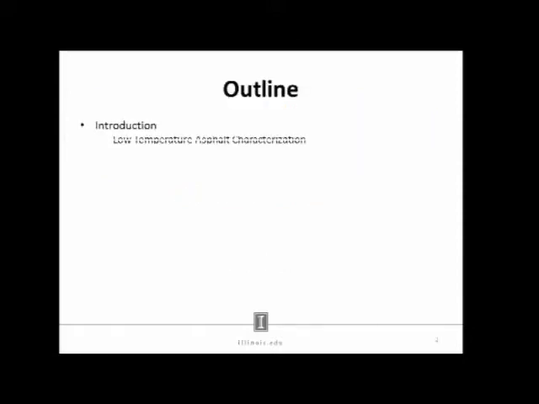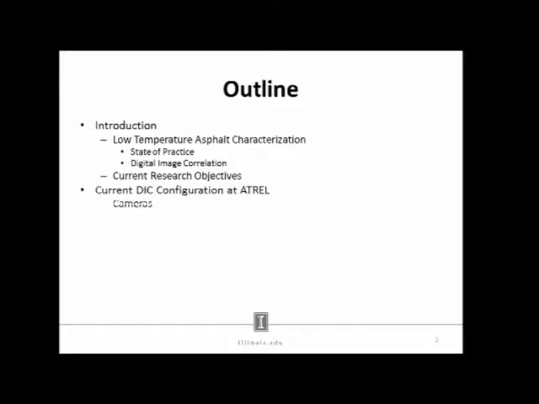Just a brief outline of what I'll discuss: where we're at in the state of the practice with low temperature asphalt characterization, with evaluating deformation, then getting into digital image correlation, the different methods that people use in terms of analyzing source and target images, the current research objectives that we have with the NSF project, and then the configuration that we have at ATRL.